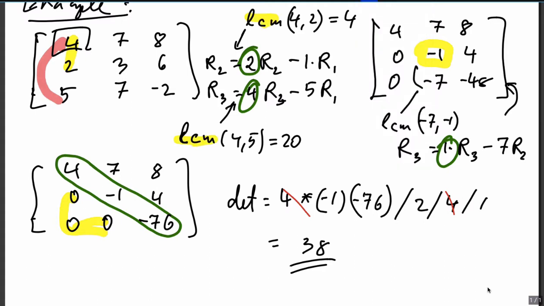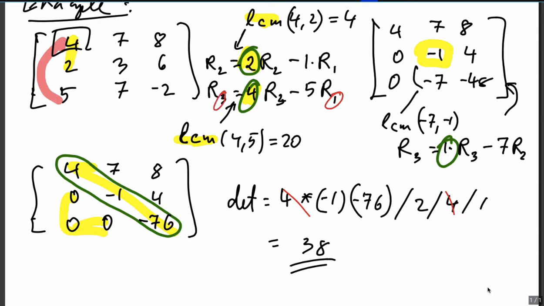I avoid using fractions because those are prone to errors if you do that by hand, and also it takes longer to calculate with fractions than with integers. Once we get a triangular matrix, its determinant is just the product of the diagonal entries, and in these steps we multiply rows by some numbers. When we are subtracting 5 times row 1, you don't have to worry about it.